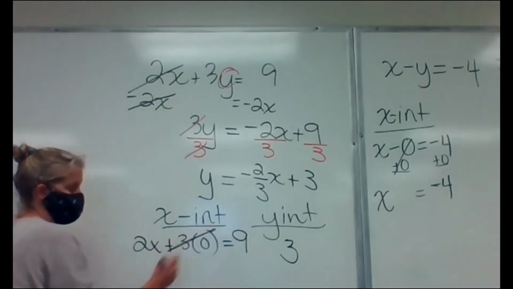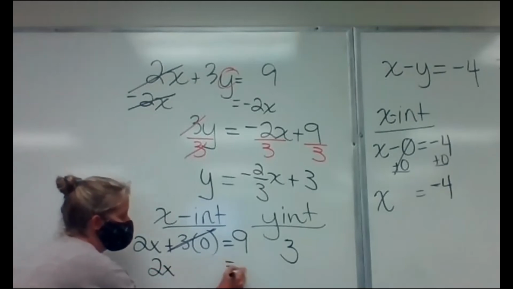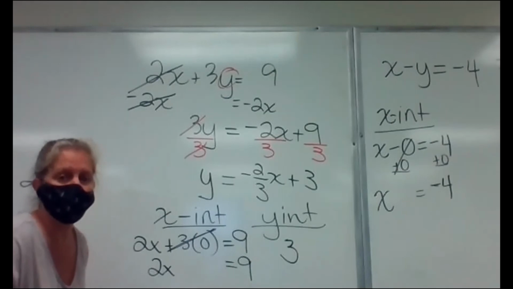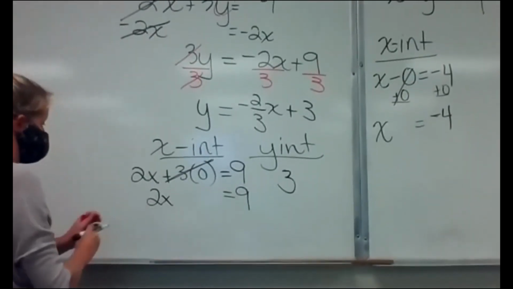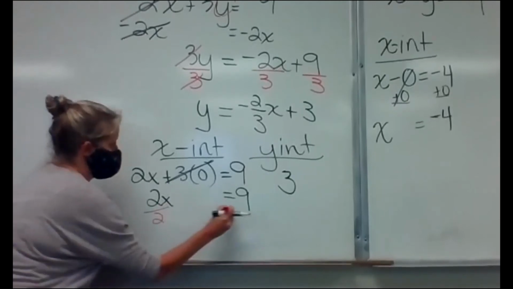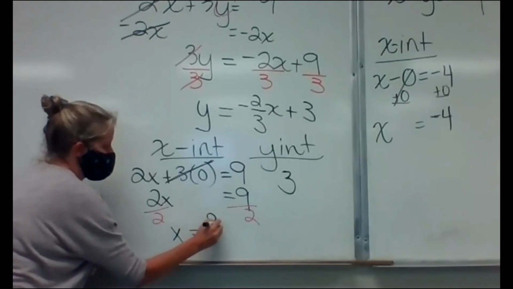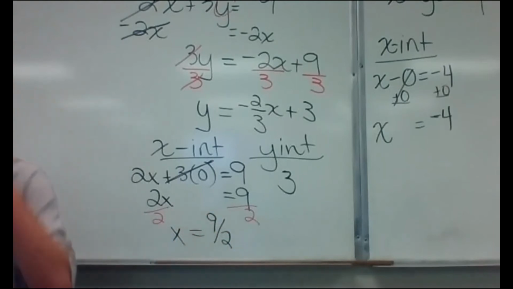Three times 0 is nothing. I can just get rid of that. All I'm left with is 2x equals 9. So I've got to divide both sides by 2. So x equals 9 over 2, which doesn't reduce.